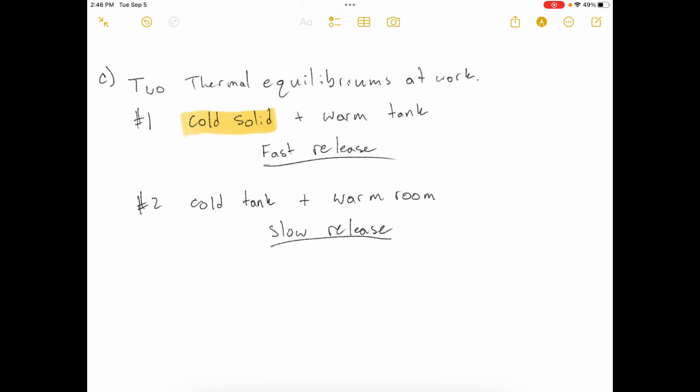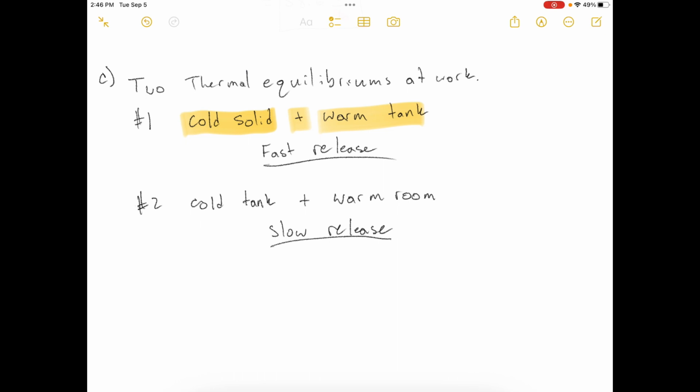Cold solid plus warm tank equals ice turning into carbon dioxide. That's just the sublimation process. That's going to happen pretty quick because the tank's at room temperature, and the ice is very cold. When I say ice, I'm talking about the solid CO2. That CO2 is going to phase change very rapidly into a gas.